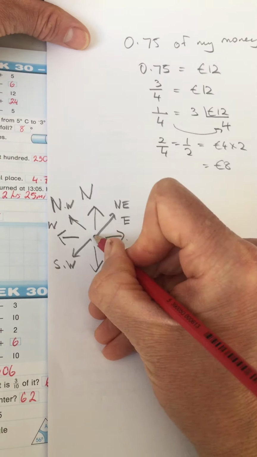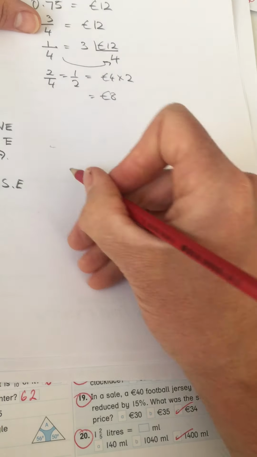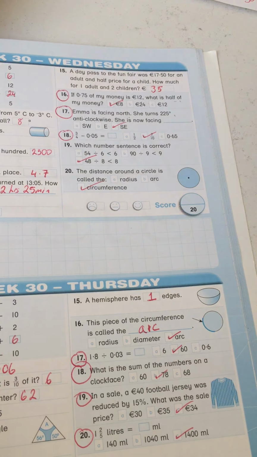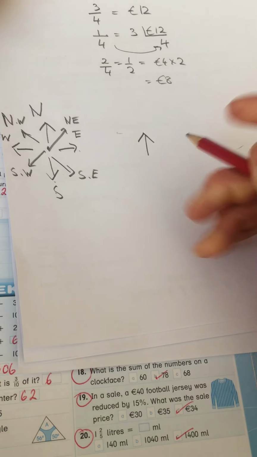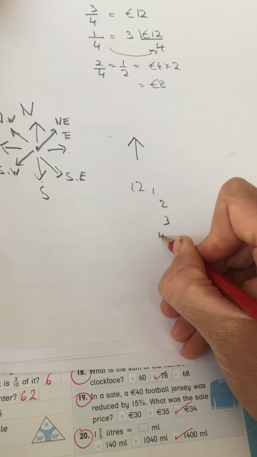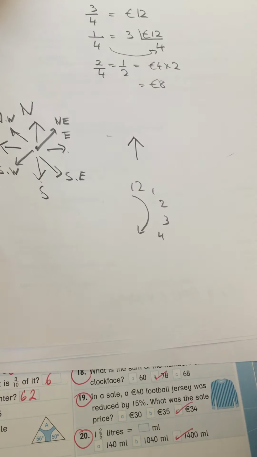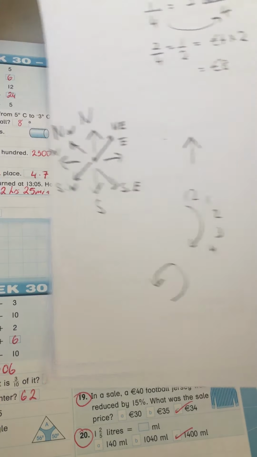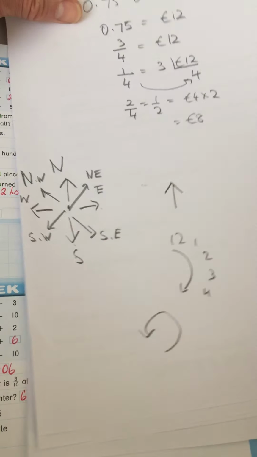Okay, so Emma is facing north, and she turns 225 degrees anti-clockwise. Now, we know our clock, 12, 1, 2, 3, 4, and this is the direction a clock turns. So if we're going the opposite direction, we're going anti-clockwise. So she turns anti-clockwise 225 degrees.